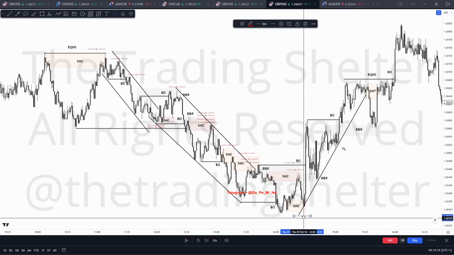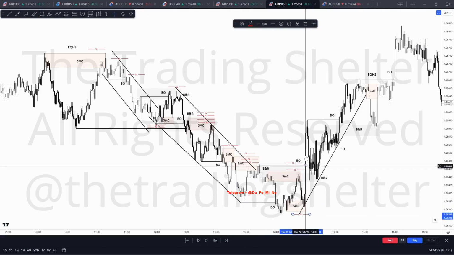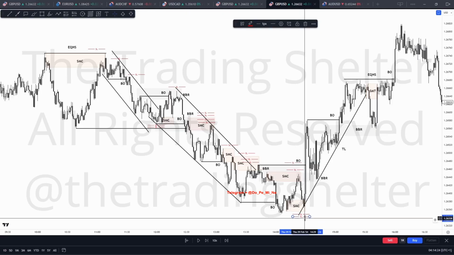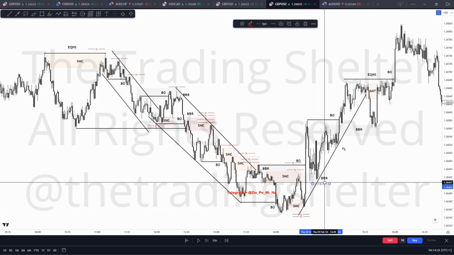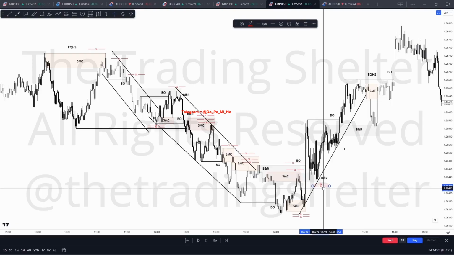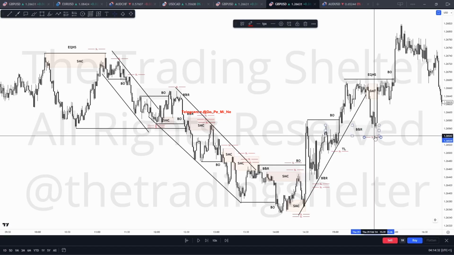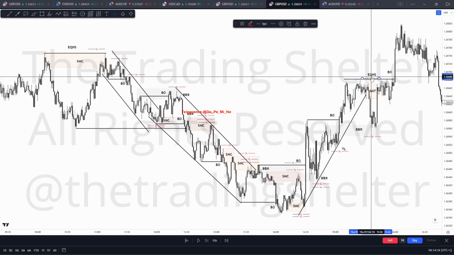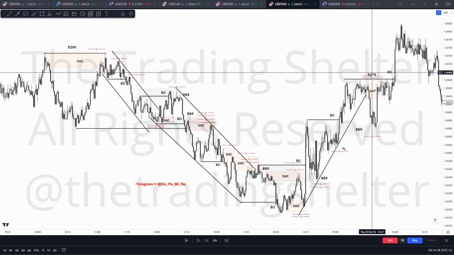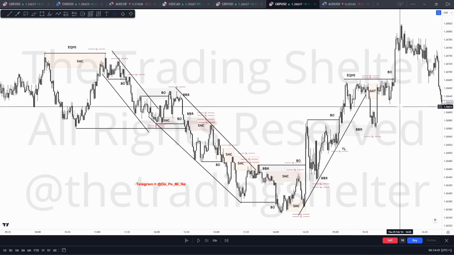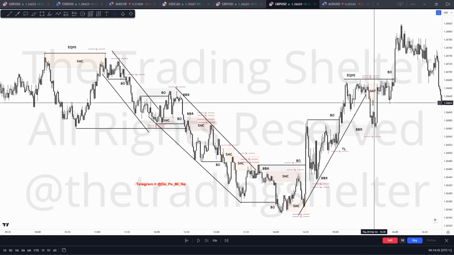But now we have the SMC entering here, but also the breakout traders. So a second one here. Now we have the trend line also. Third touch here, here for the SMC, also for the equal highs. Are you starting to see it?